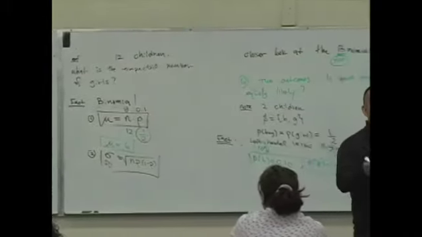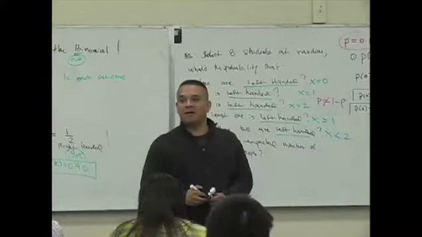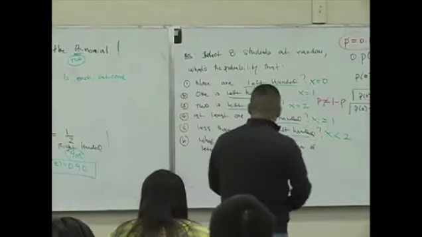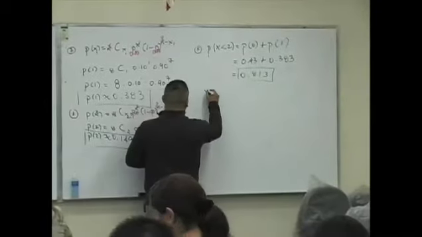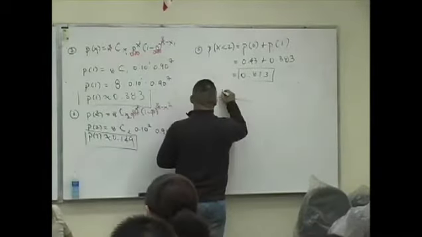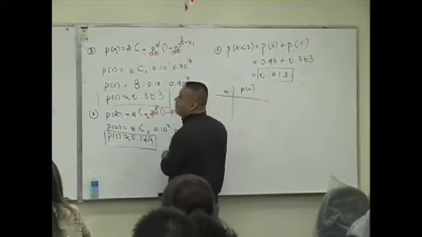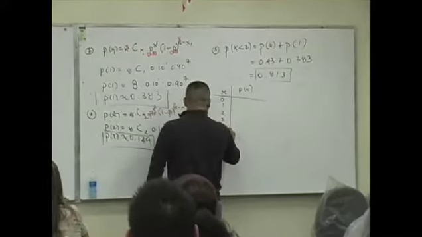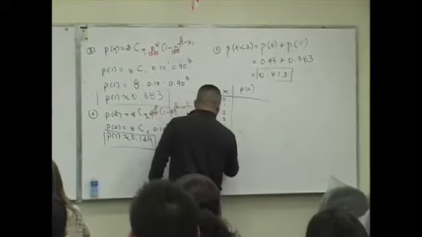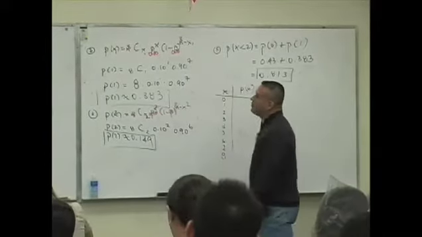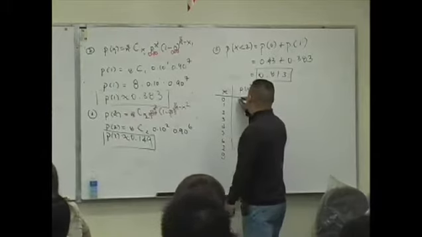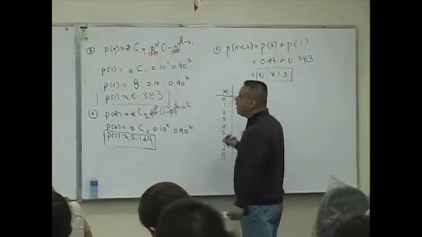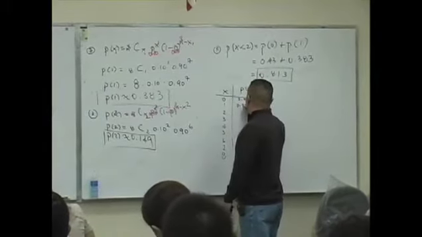And you want to know what some of you guys are going to do? You're going to build this chart. You're going to go, oh my God, how many is like 8? 0, 1, 2, 3, 4, 5, 6, 7, 8. Oh, P of 0, 0.43. P of 1, 0.383.